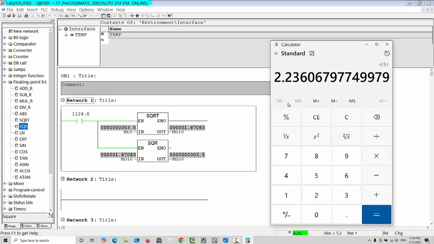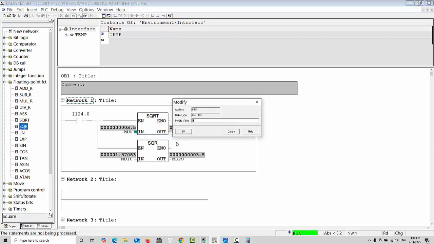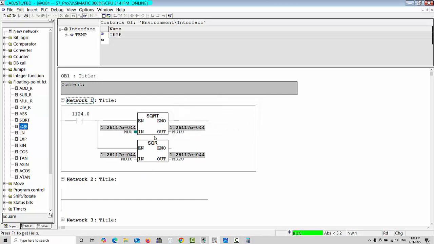The square root of five is how much, a value like 2 point something. Five squared is 25, six squared is 36, seven squared is 49, eight squared is 64, nine squared is 81. And the square root of nine, if you need it, how much? This is 3.